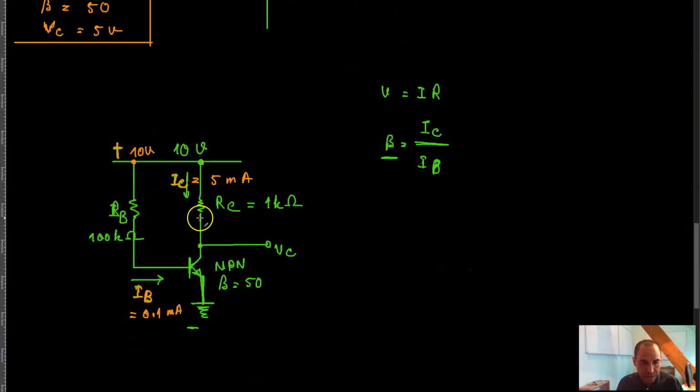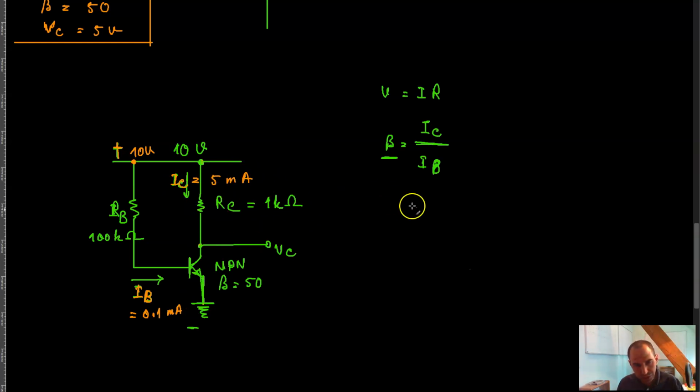Since I of C is being decreased, there is less current flowing through your collector, and then what happens to the voltage across this resistor?